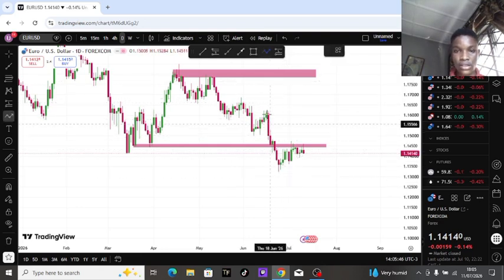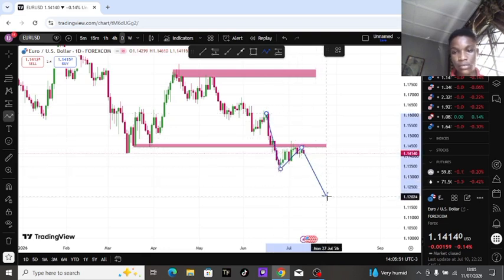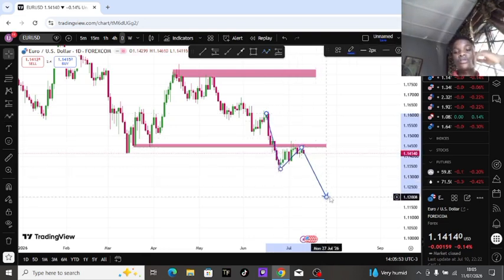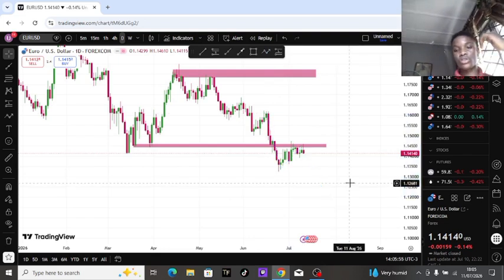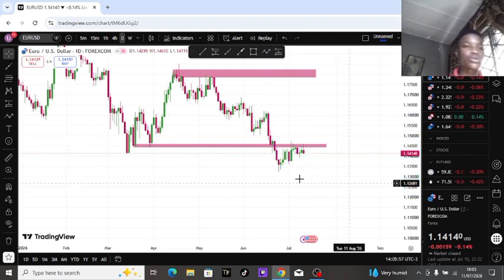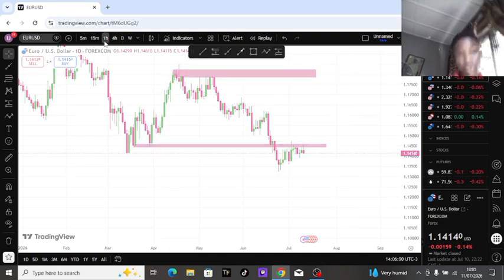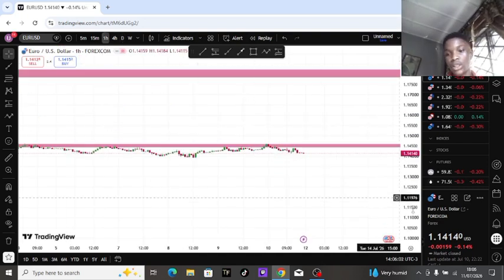Break right there, retest, and boom. This is what we should be watching for on USD. So USD is majorly on short position throughout this week.